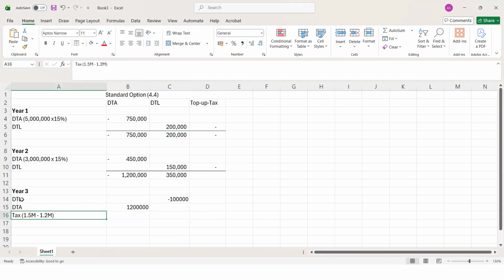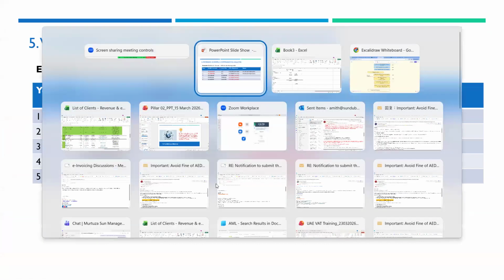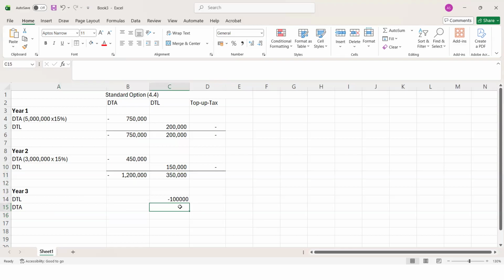So what is my DTL balance? We have to find top up tax. DTL balance is 350, and they say that this year there has been a 100,000 reversal. So DTL is how much? 250.